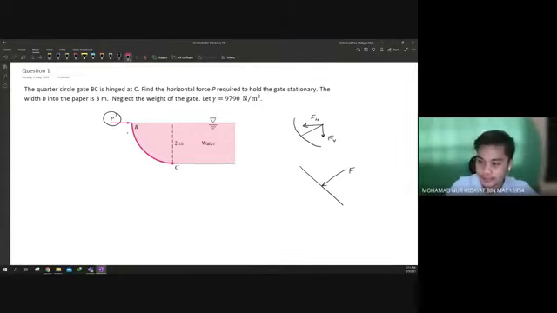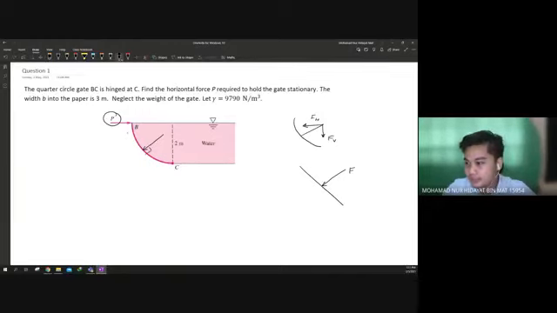Alright, so step by step, let's calculate the force. Okay, we have the pressure here. So this is the pressure force which is perpendicular to the plane.